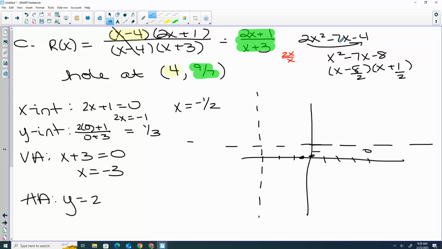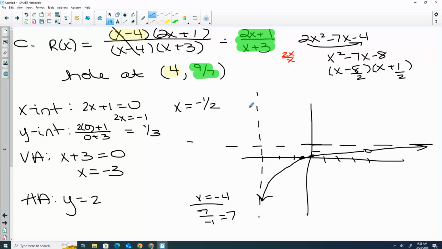Okay, so my graph, none of my intercepts, my x-intercept wasn't squared, so we know it's not doing anything weird there. So this section has to go through these points to be getting closer to this asymptote. If I plug in a number over here, so maybe a -4, and if I put that into the original, -8 plus 1 is -7 over -1, which is 7.